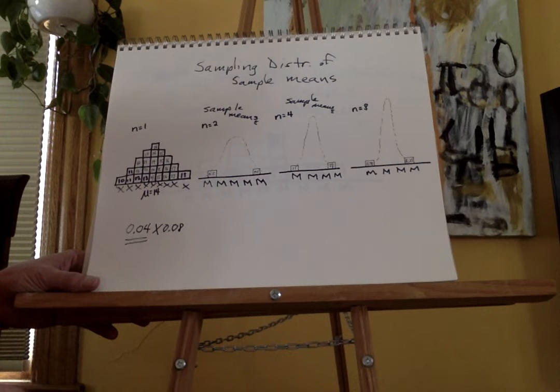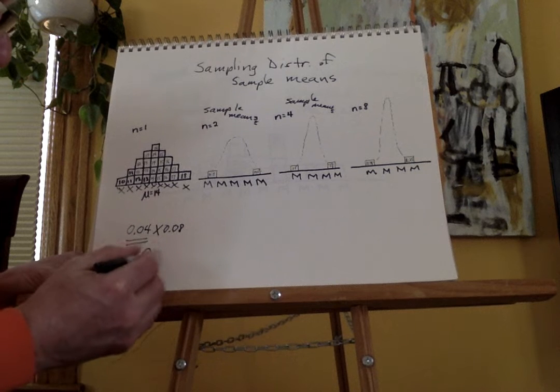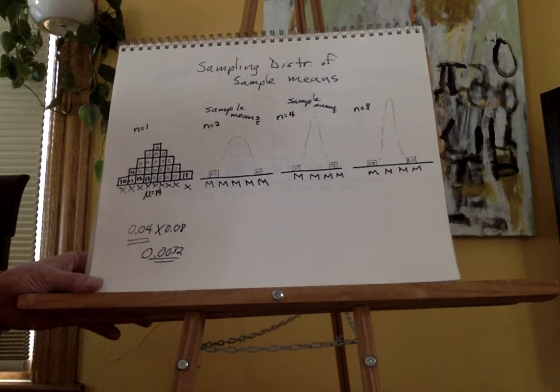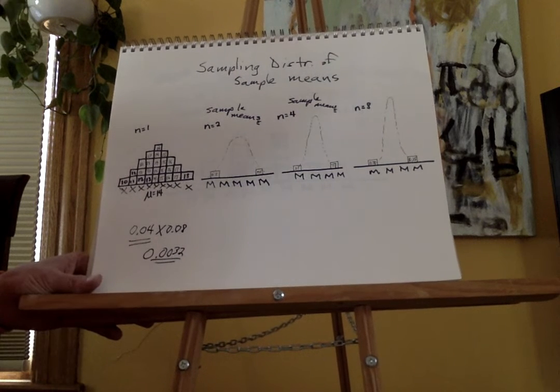And so the chance of pulling out both the 18 and the 17 at the same time is actually 0.0032. It's lower than pulling out the 18 alone. But it's not 0, just very improbable.